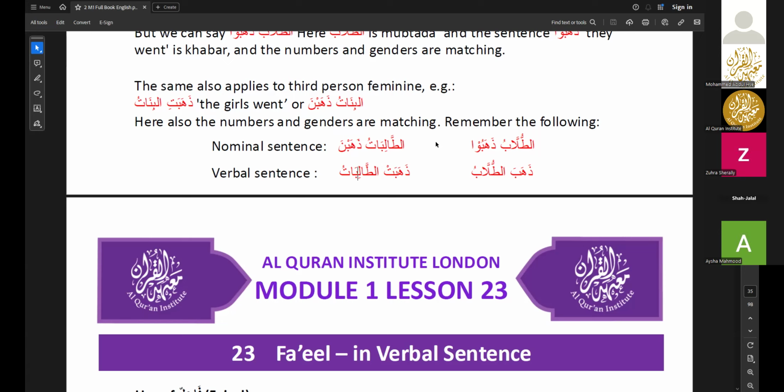A nominal sentence starts with an ism, and we call it mubtada, and then khabar. And a verbal sentence starts with a fa'il. In a nominal sentence, the mubtada should match with number and gender with the khabar. But in a verbal sentence, the fa'il should match with the fa'il.